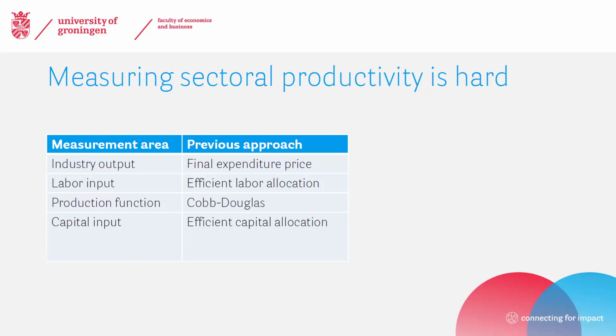Mostly that meant looking at final expenditure prices from the ICP, assuming efficient allocation of resources across sectors. So assuming the price is all the same across the factor inputs, and having a single Cobb-Douglas production function covering all countries.